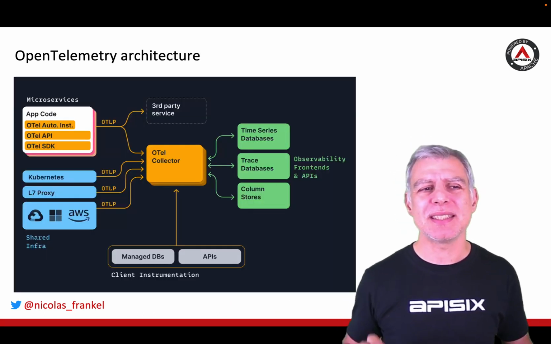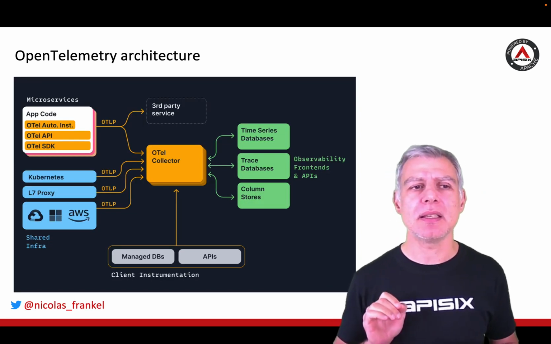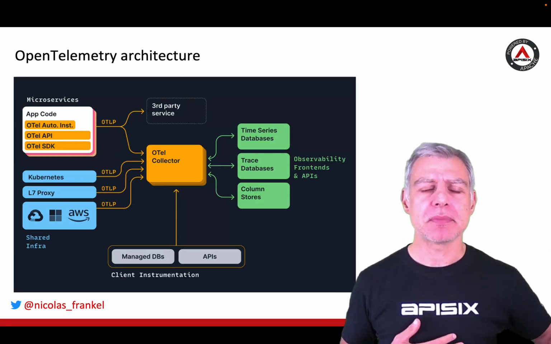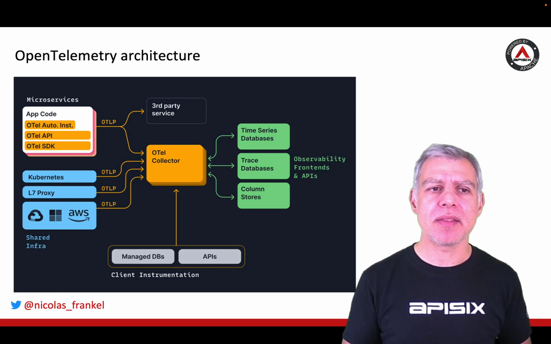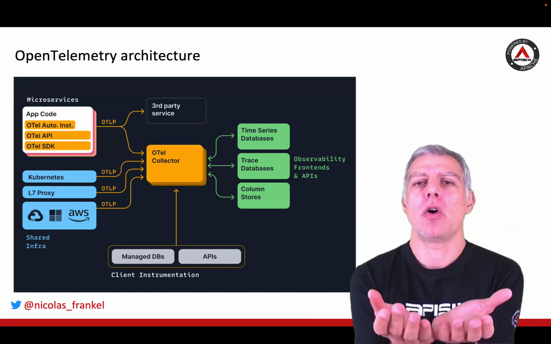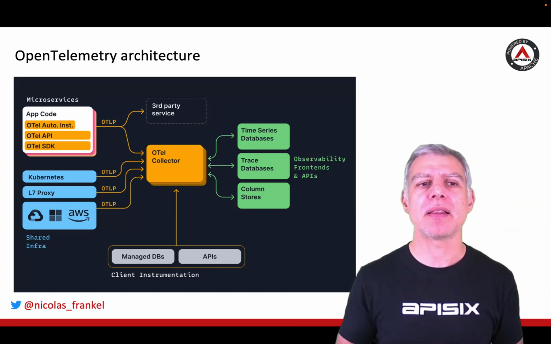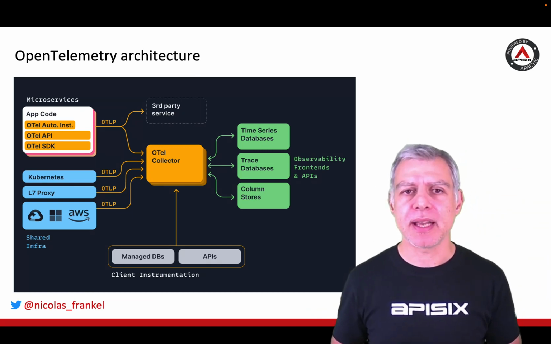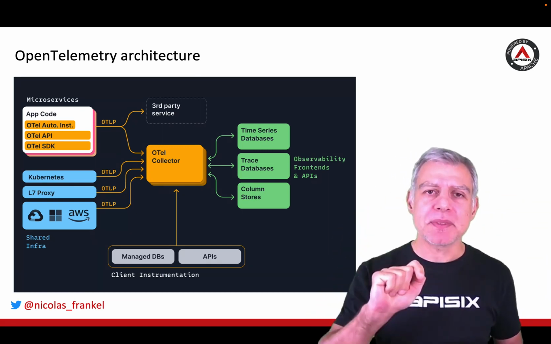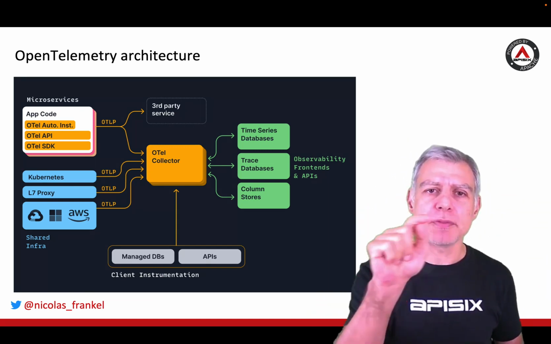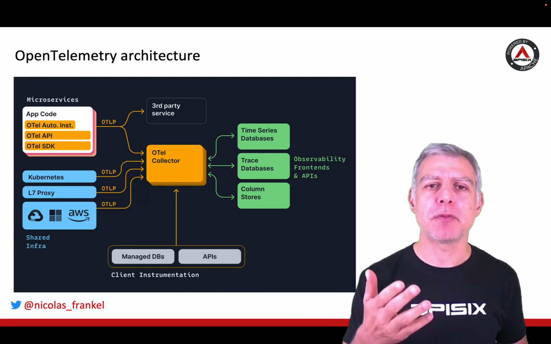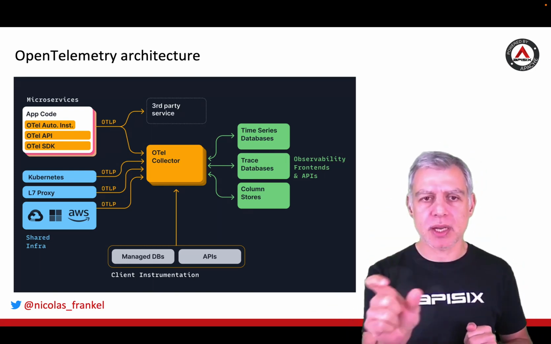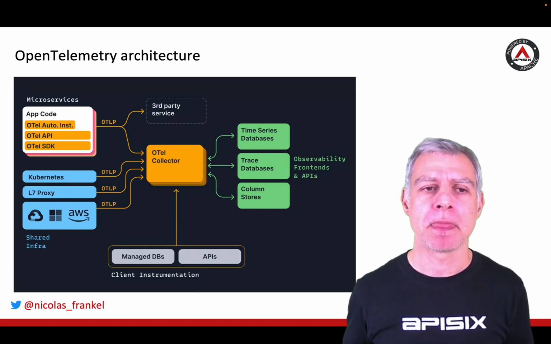The architecture in itself is quite easy. Basically, you've got components, whatever they are, and then you've got what they call an OpenTelemetry collector. This OpenTelemetry collector accepts data in a specific format, and this specific format allows to have this parent-child relationship between spans.